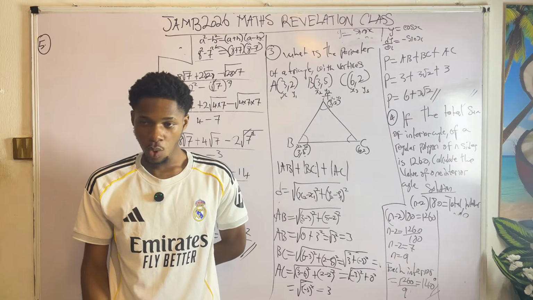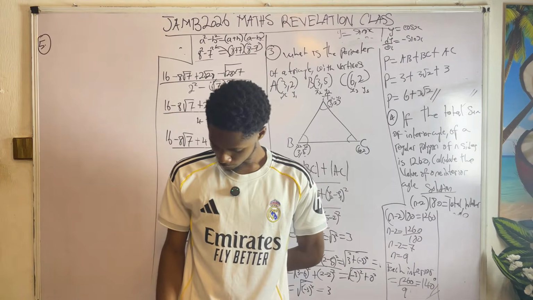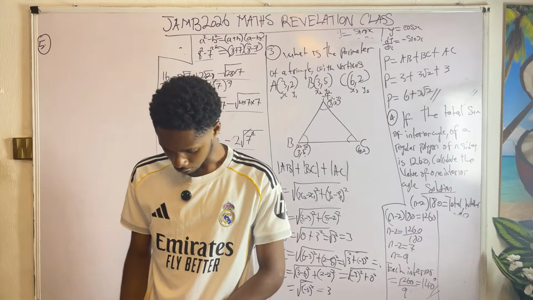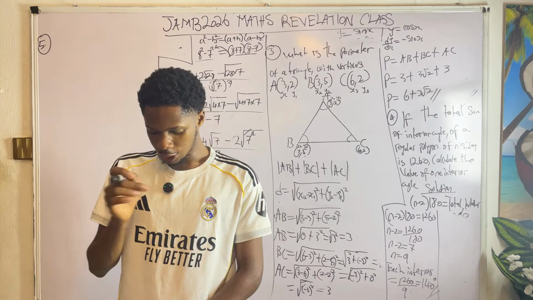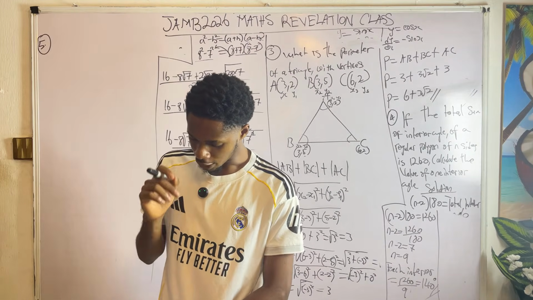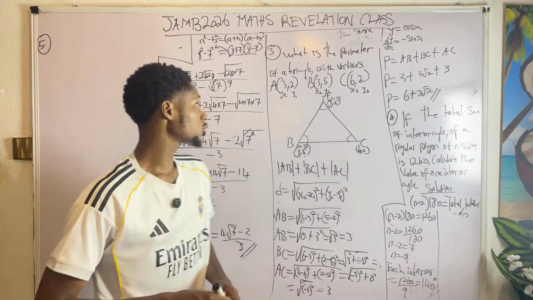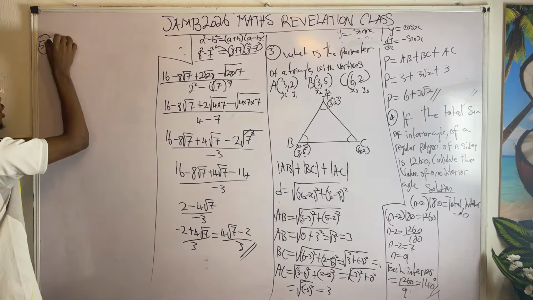Now, this one is on sequences and series. It reads: the sum to infinity of a geometric progression, GP, is 100.